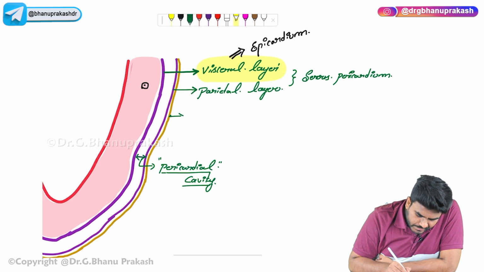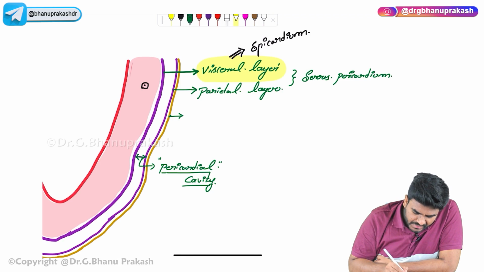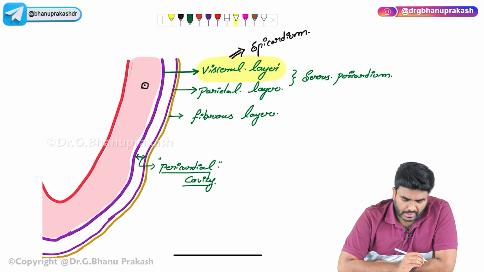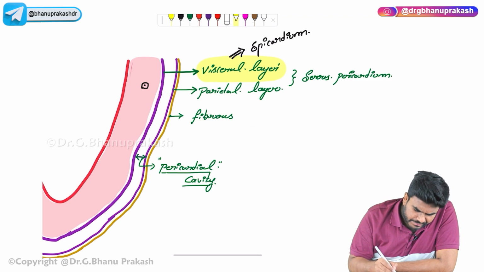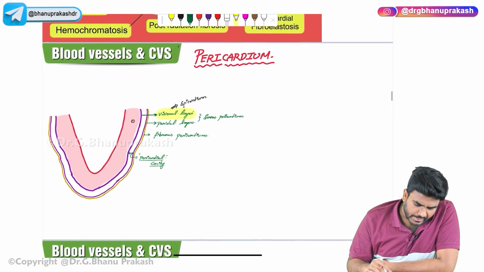This layer in the yellowish or golden color is the fibrous layer, or I should say the fibrous pericardium. So now you know what exactly the pericardium is made up of.